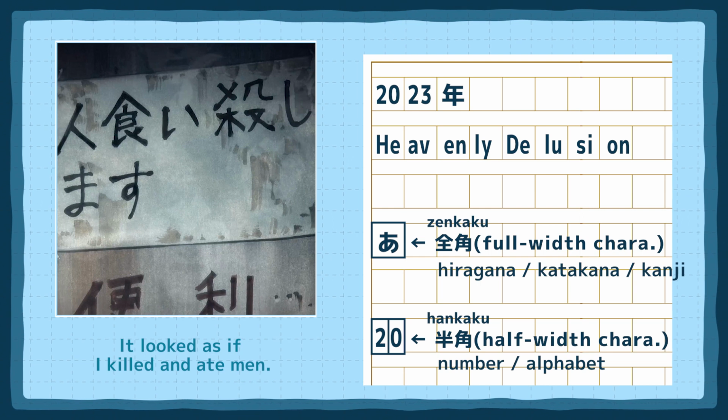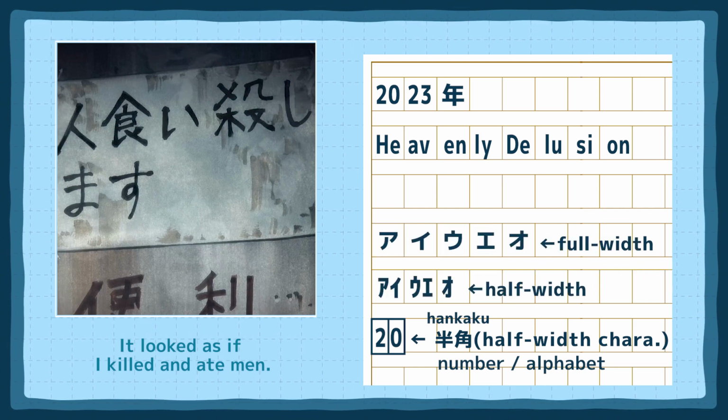So on Japanese websites, you might find some applications say, please input the phone number in half width characters. I don't think there are 半角 hiragana or kanji, but there are 半角 katakana.